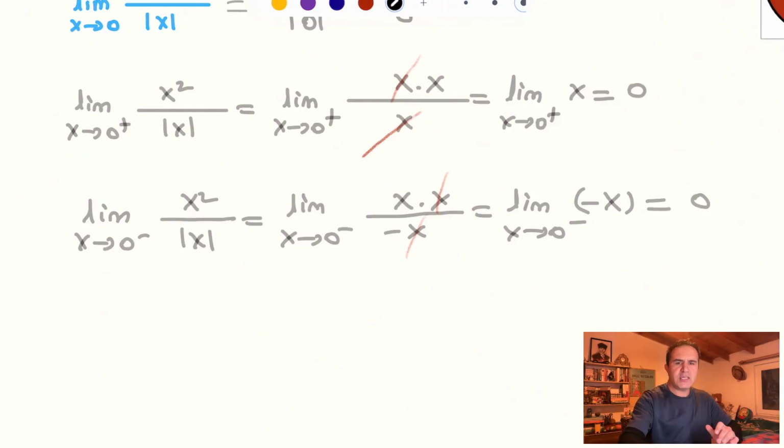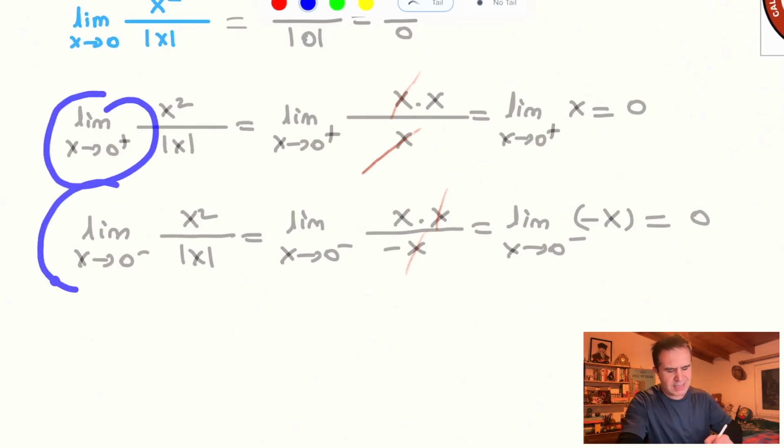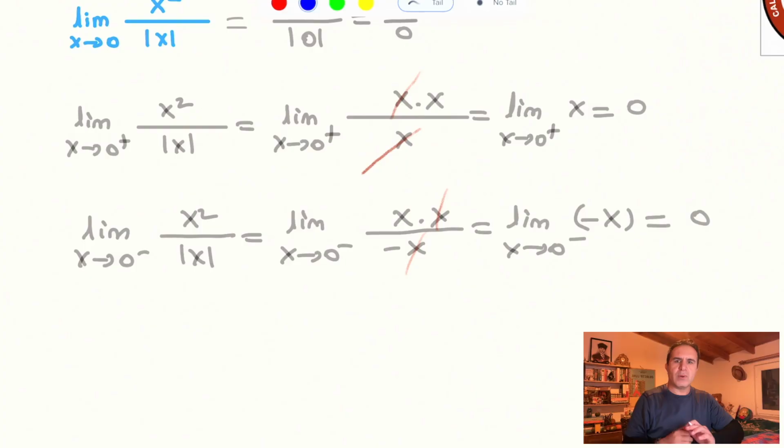Even though direct substitution gives us 0 divided by 0, both sides approach the same value here, and they approach 0. This means that the function is not defined at x equals 0 because we get 0 divided by 0 if we substitute 0 for the function.